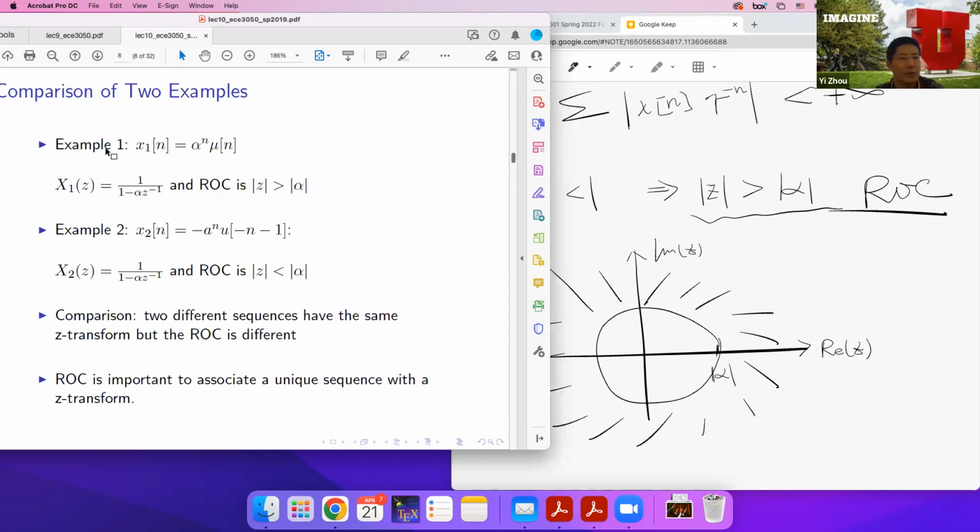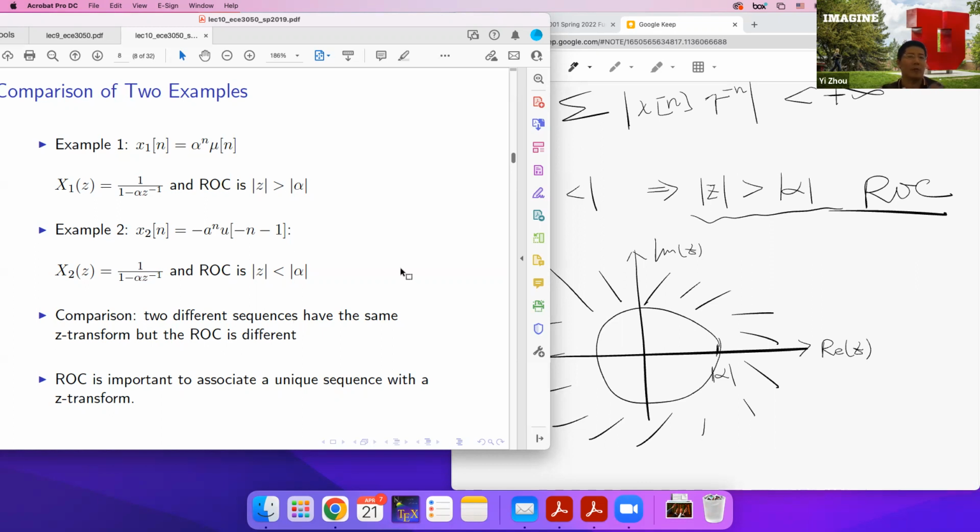And putting these two examples together, we have the same observation as in the Laplace transform. We may have two different signals that have the same Z transform but completely different ROCs.